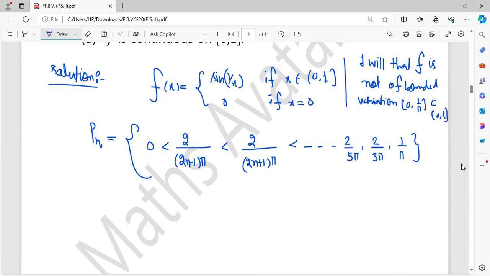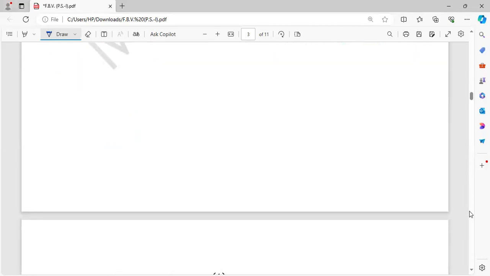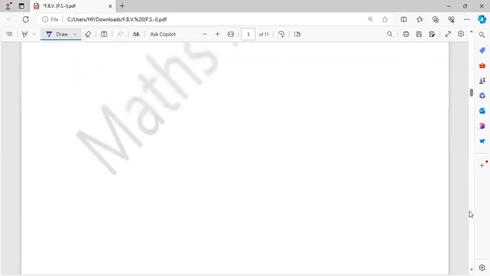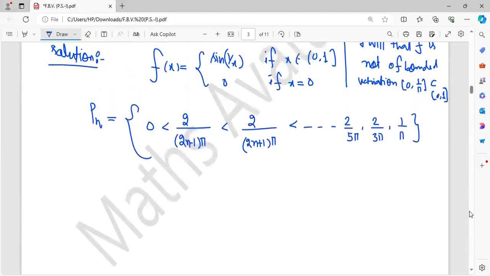If I can show that on a smaller interval it is not a function of bounded variation, it cannot be on the bigger one, because once a function is of bounded variation on a larger interval, it will be so on any subinterval also. Okay, so I am going to prove that it is not a function of bounded variation on [0, 1/π], because the value of π is greater than 1, so [0, 1/π] lies inside the [0, 1] interval. Okay.